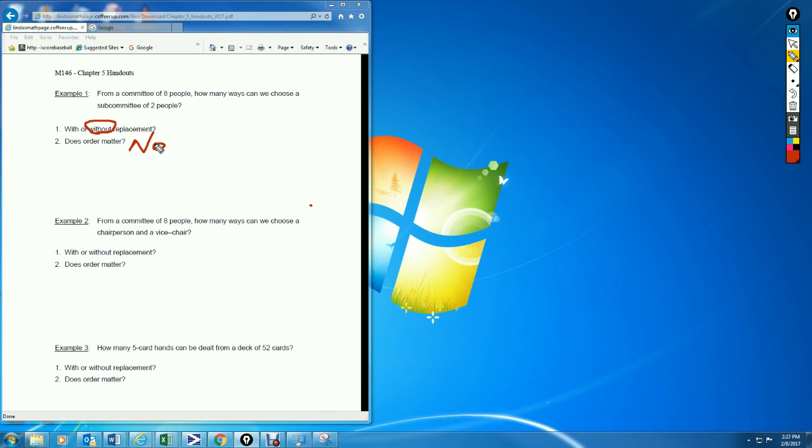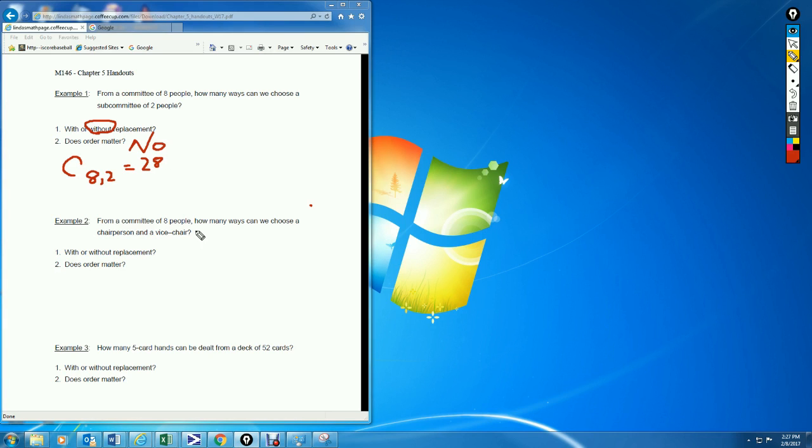So it doesn't matter what order I pick them in. So I need to do a combination, and I've got 8 total people to choose from, and out of them, I want to select 2. Go ahead, do that on your calculator, pause. You should find that it equals 28.